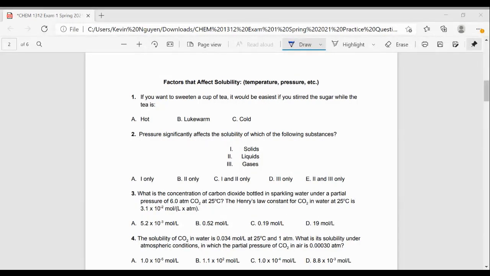Because gases are just roaming around in the air, and by having pressure, you're forcing them into the liquid. For solids and liquids, it's not as important. Increasing pressure will not increase the solubility of a solid or a liquid, but it will do it for gases into liquids.